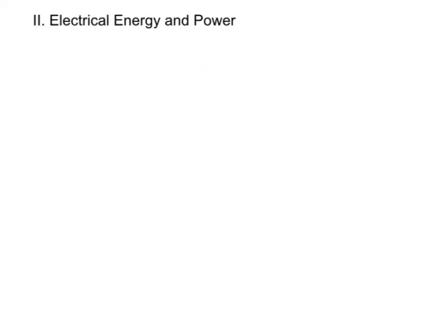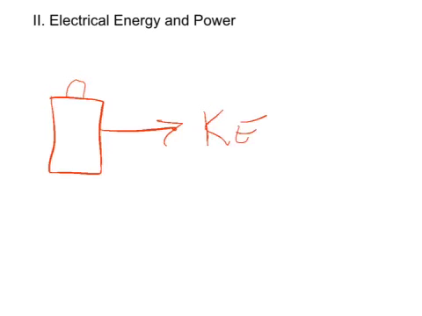Okay, so on to electrical energy and power. A voltage source, like a battery, contains potential energy, which, when it's discharged, is converted to kinetic energy in the electrons. Okay, the resistance of a circuit then converts that kinetic energy of the electrons to thermal energy.